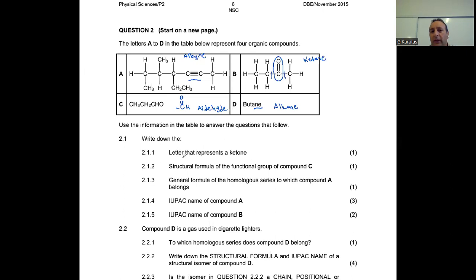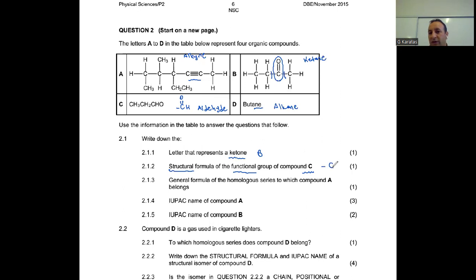Write down the letter that represents a ketone. A ketone is the compound B, we just identified. Structural formula of the functional group for compound C. I actually wrote it there. Let me rewrite this.